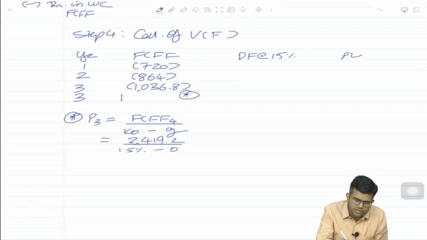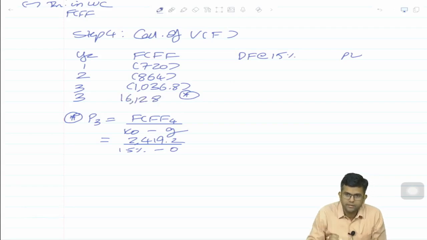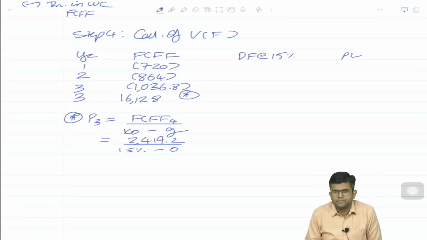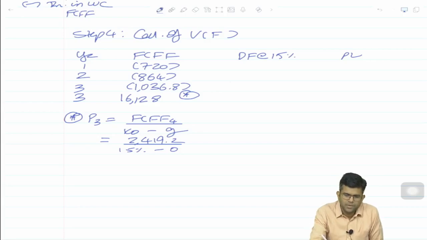So this is 16,128. Target rate of return means target required rate of return. Got the final? Okay, this is the value of the firm.